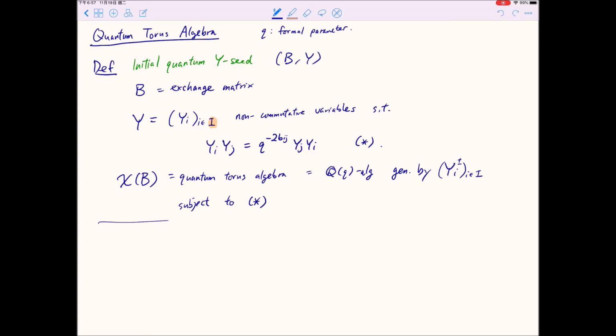There's a more canonical way of writing such an algebra. This involves writing the B matrix in terms of a skew symmetric bilinear form.